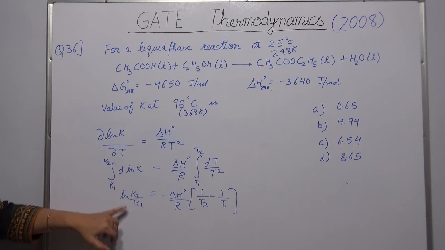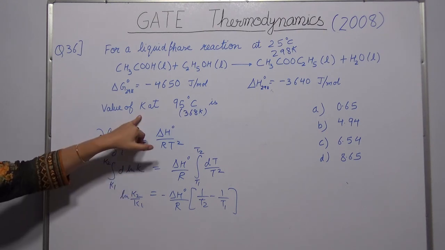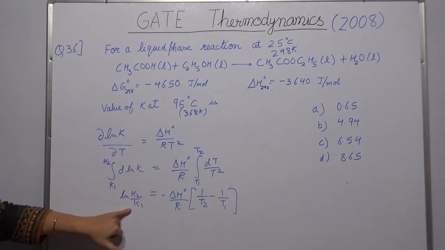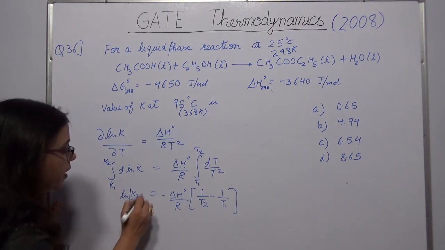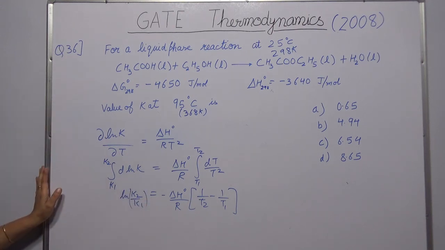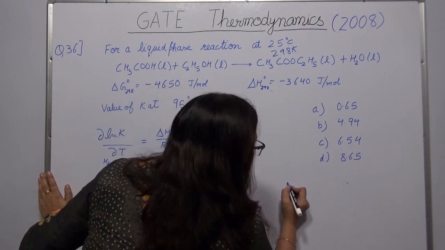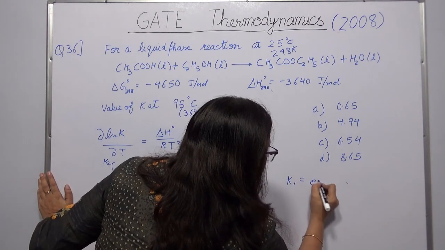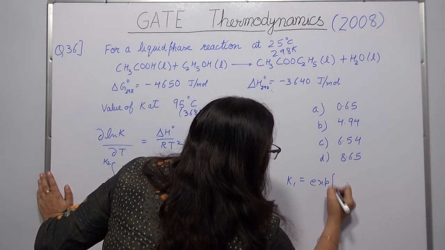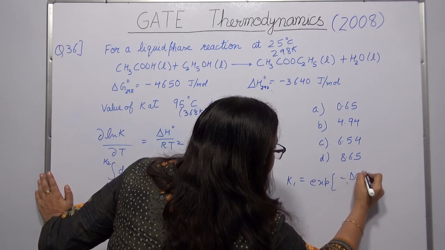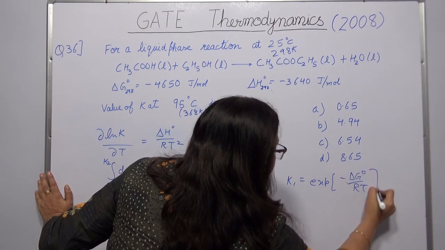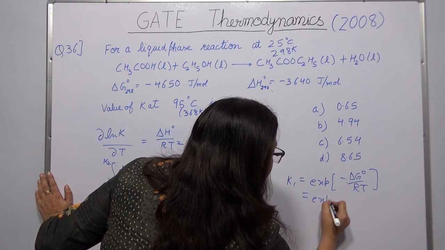Now in this case, you have to find out K2, that is the value at 95 degrees. For that you have to first calculate what will be your K1. It's very straightforward. How do you calculate your K1? K1 is equal to exponent of minus delta G0 by RT. Okay, so plug in everything.